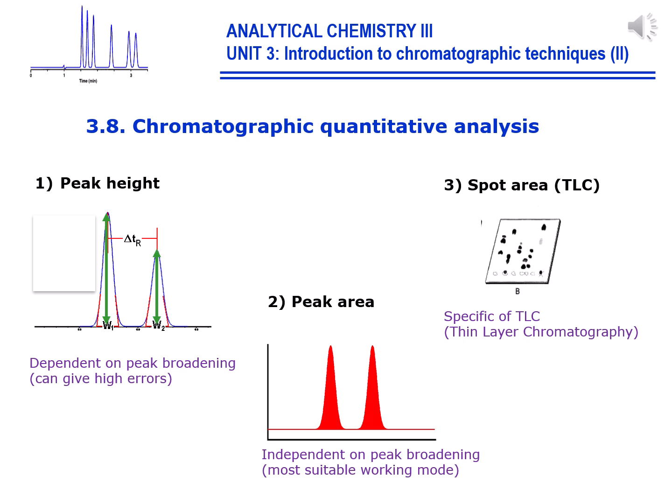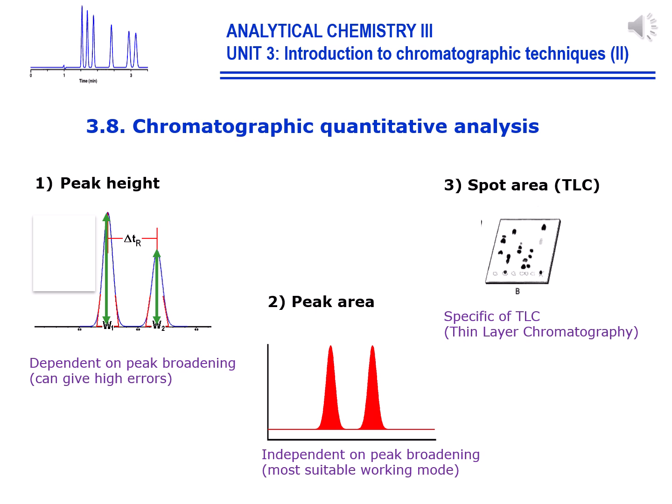Peak height analysis is obtained by joining the baselines of each side of the peak and measuring the distance perpendicular to the peak maximum. However, this measurement is inversely proportional to the peak width, so in conditions of broadening influenced by column temperature, mobile phase flow rate, sample injection, etc., this measurement may not be very accurate and may make significant errors.